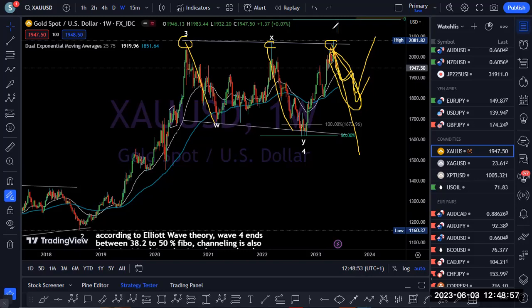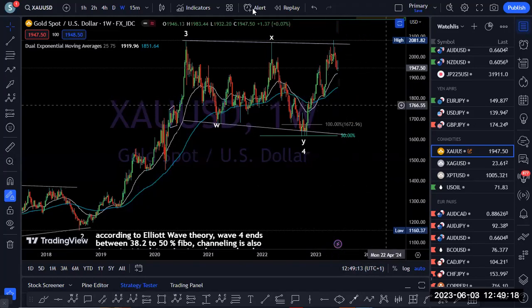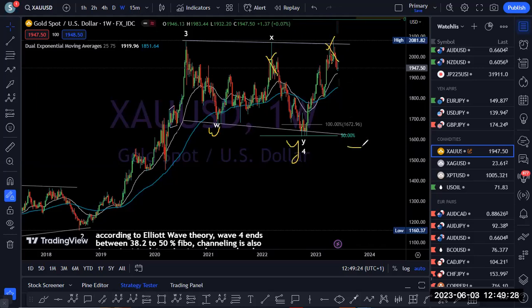So why am I showing you this is that we can get what we call W, X, Y, X, Z. So if we get W, X, Y, X, Z, it means that gold will drop all the way to this zone again, which means gold can come down to 1600 or below.